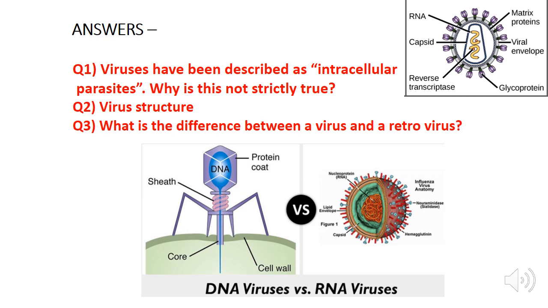The difference between a virus and a retrovirus, structurally, the differences include nucleotide type, so DNA or RNA, the enzymes that you've got present, so integrase enzymes or reverse transcriptase and integrase, and how they reproduce within the cell. So virus DNA integrates into the host cell DNA, whereas viral RNA is reverse transcribed into DNA and then it integrates into the cell.